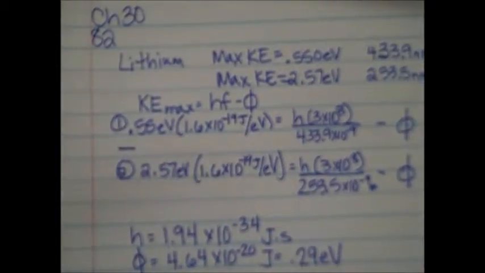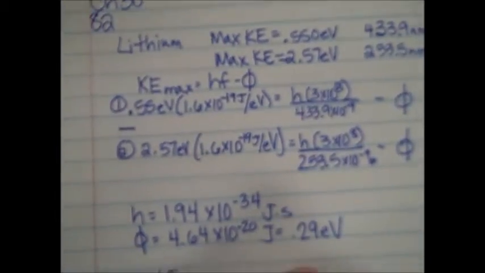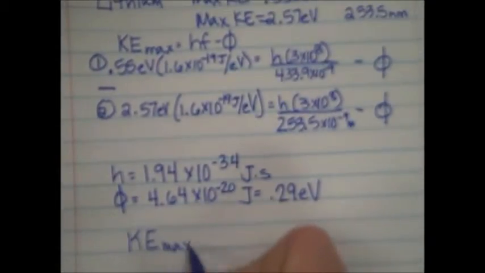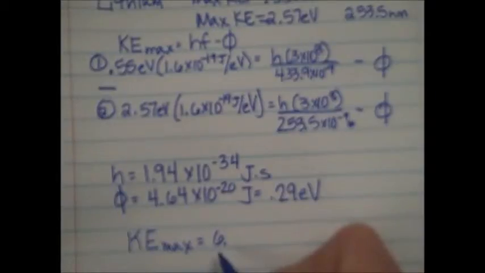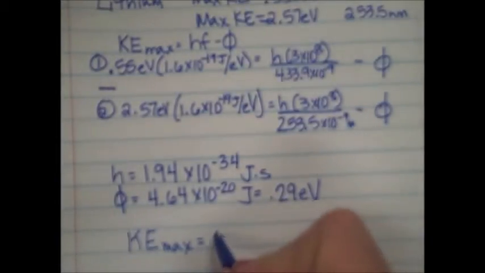And then for part C, so that's A and B, what is the maximum kinetic energy you predict? So what would KE max be using light with a wavelength of 365 nanometers?